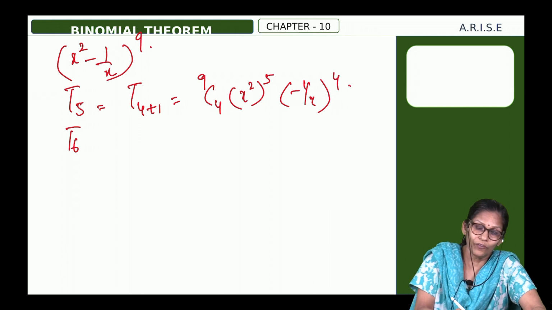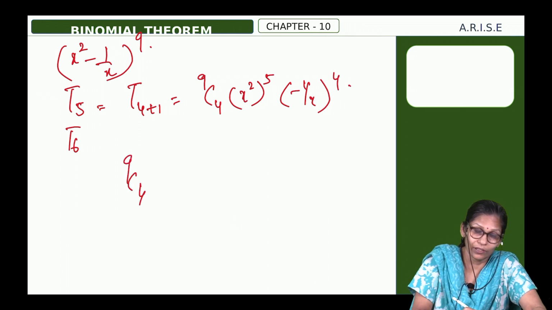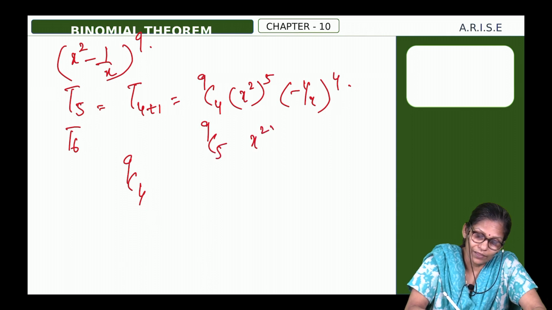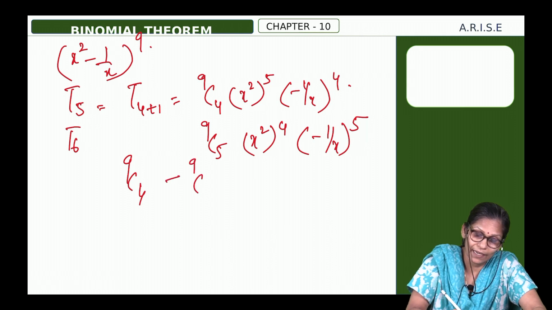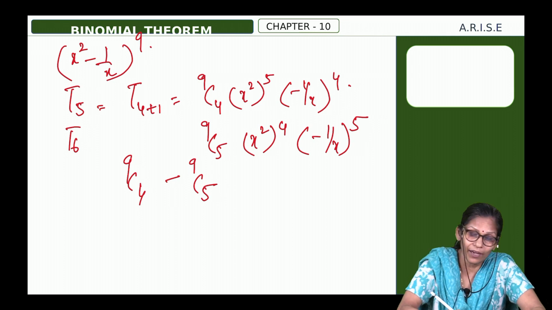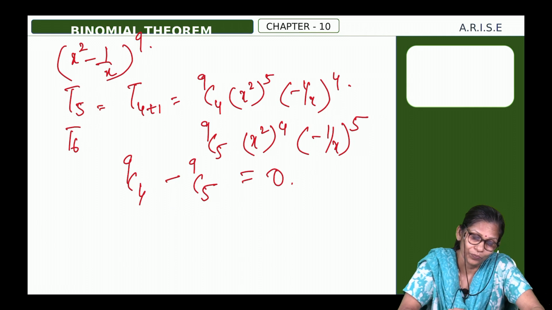So, the coefficient of the 5th term is 9C4 into (minus 1) raised to 4. What about T6? It will be 9C5 (x squared) raised to 4 into (minus 1) raised to 5. So, isn't this minus 9C5? 9C4 and 9C5 are equal. So, the sum of the coefficients here is 0.